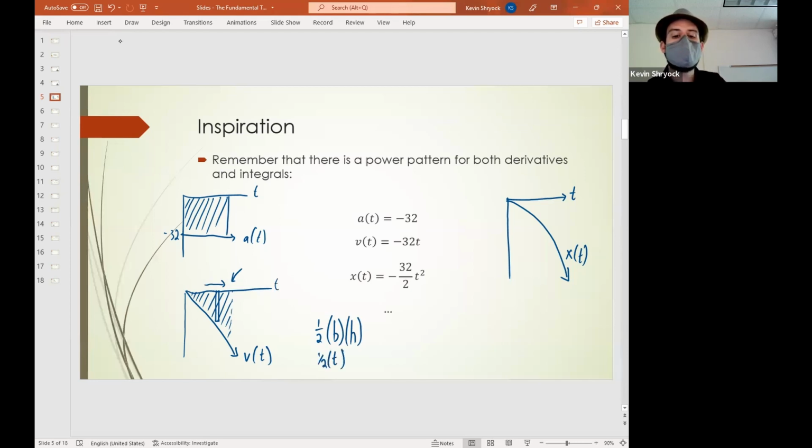And the height was, well, -32 times t. That was the equation we had. So at every moment, it was -32t. When you multiply all that out, you will get the -32 divided by 2 and the t squared. Good question. Any others?